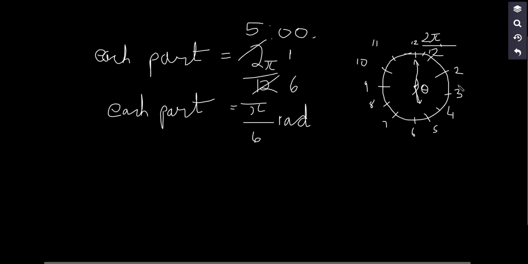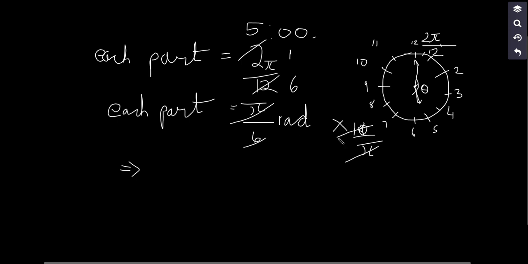Now from this diagram, angle theta, if each part is 2 pi by 12, then you tell, before this, what is pi by 6 in degrees? Let's convert this into degrees. To convert radian to degree, you should multiply this by 180 by pi.